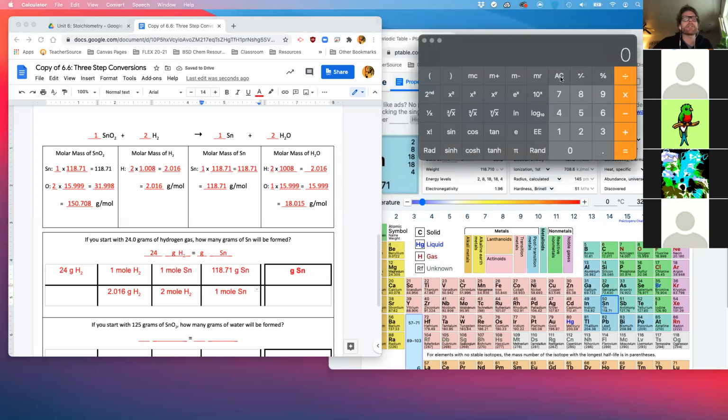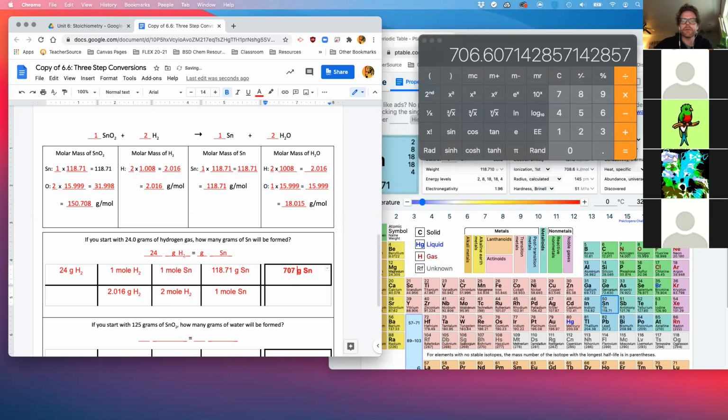Now I'm just multiplying everything on top and dividing by everything on the bottom. 24 times 1 times 1 times 118.71, divided by 2.016, divided by 2, divided by 1 equals, I have 706, actually 707.